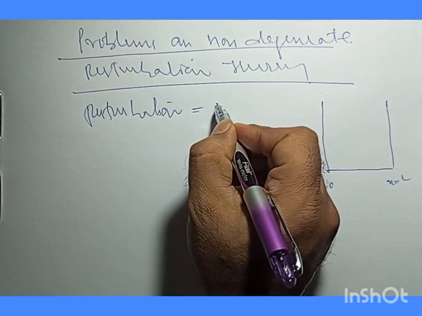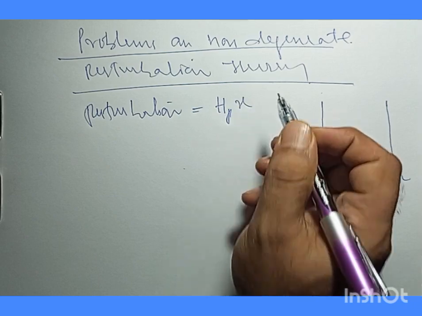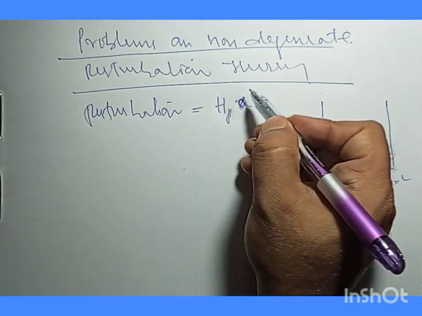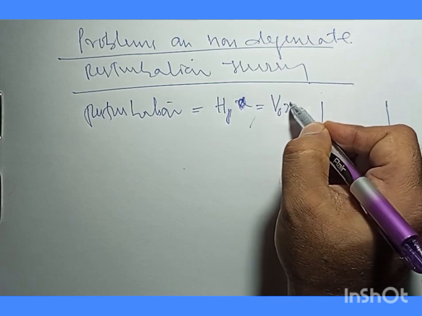Oh, sorry, it has to be perturbation Hp equal to, say, V naught of x.